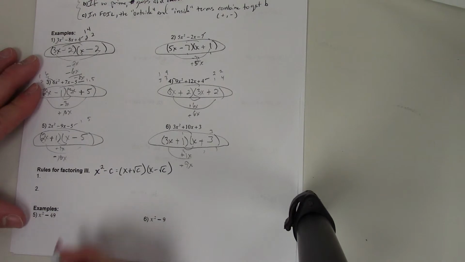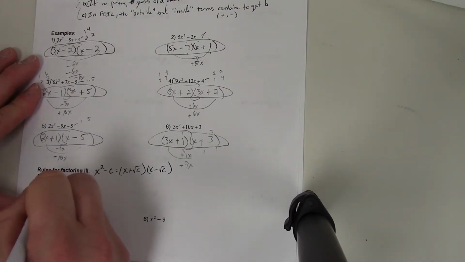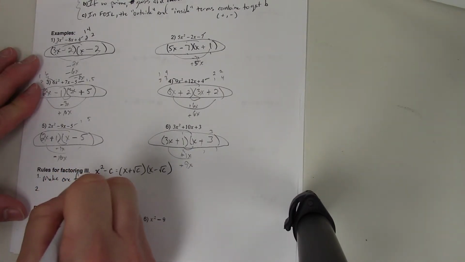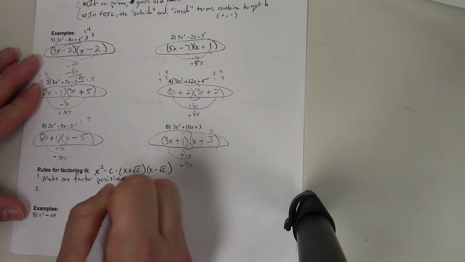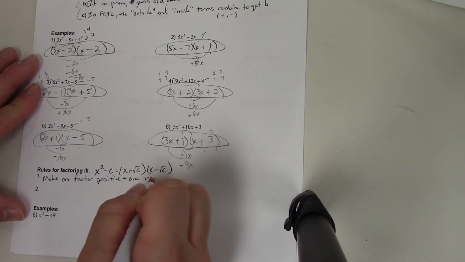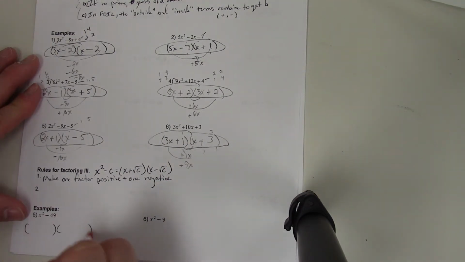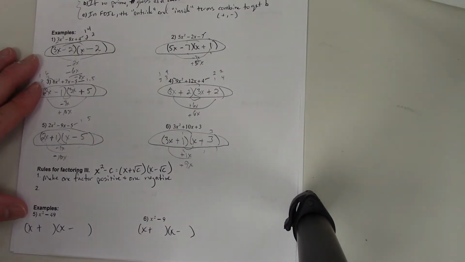Or maybe it will, because if I look at it, all I want to do is make one factor positive and one negative. What I mean is, when I go to my table here, I'm going to have x plus and x minus. That's what I mean by that.